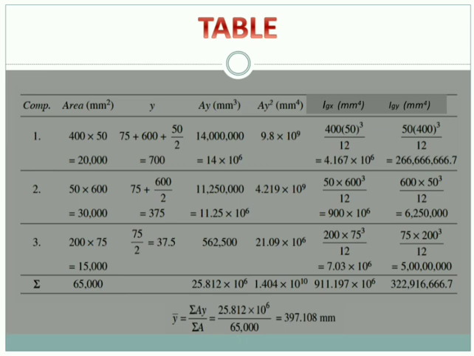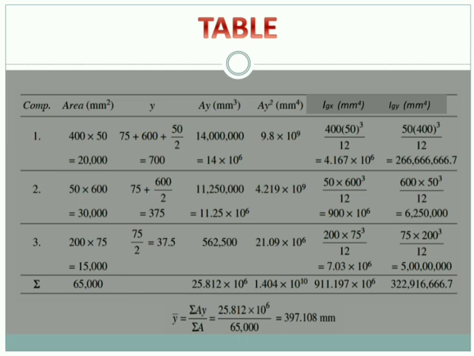It will be difficult. So in the first row, we have taken the first component, which is a rectangle. We found out the area, we located y bar, then we found out A into y, next column A into y square, and then IGX. Now which formula do we use? Rectangle formula.